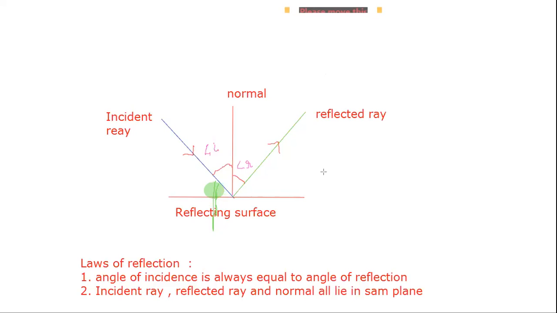You can see the circle here. So this green circle, that angle will be given. Suppose this angle is given as 35 degrees, right? You will say the angle between the incident ray and the reflecting surface is 35 degrees. What will be the angle of reflection?